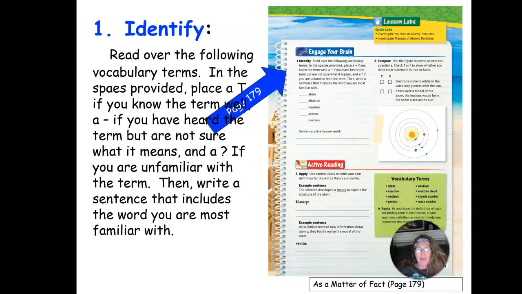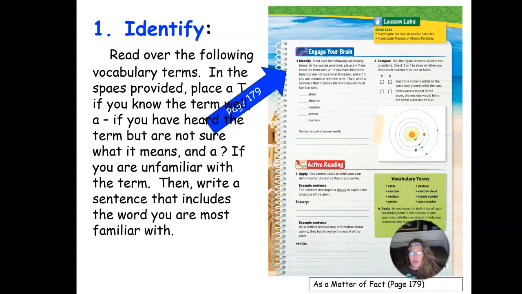They want you to put a minus sign for the ones you're not familiar with, and a question mark on those that are so-so. Then they want you to make a sentence using one of the words that you marked as familiar.